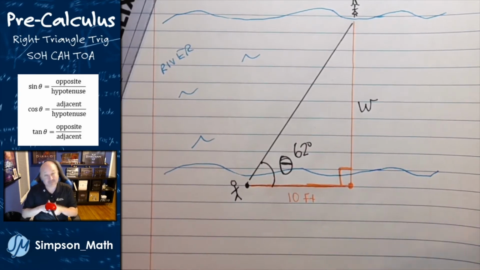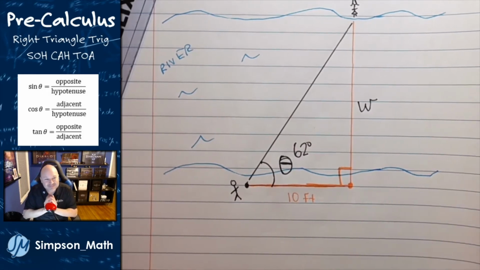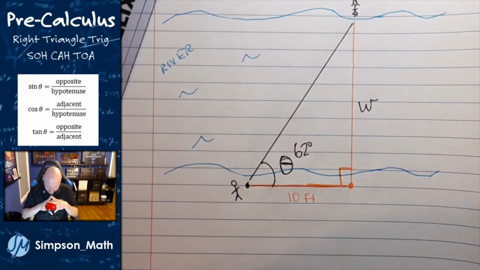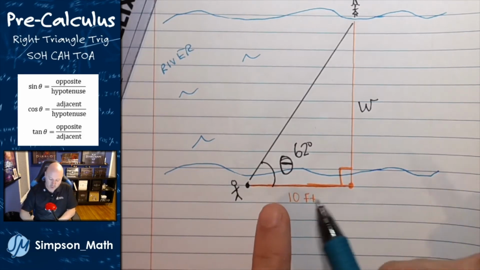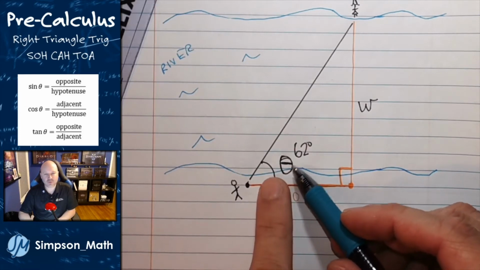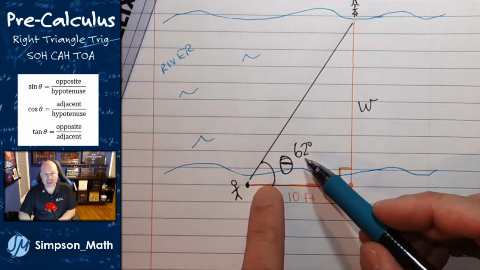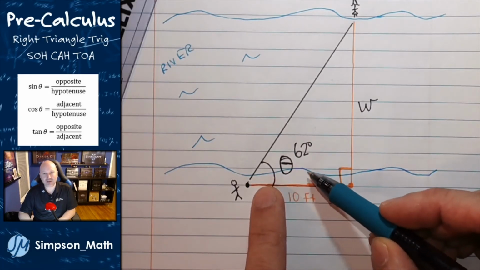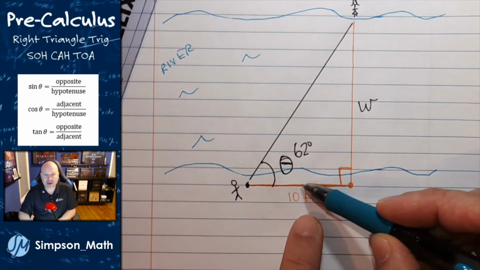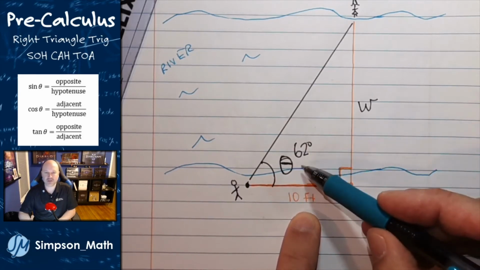Any bright ideas? Yes, what are you thinking? Well, with SOHCAHTOA, we need a right triangle, check mark. We need an angle, check mark. So then what trig function would talk about the width and this side length of 10, the information that we know about and the one that we're after?